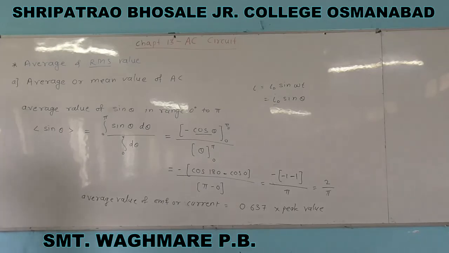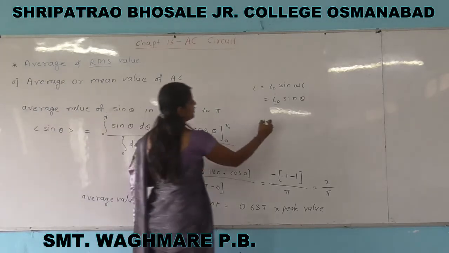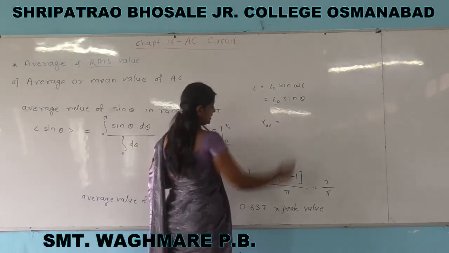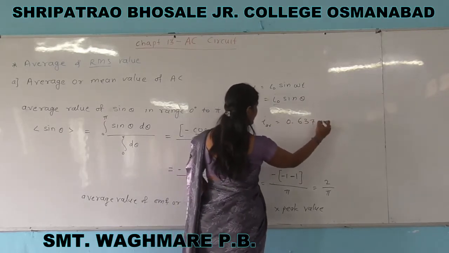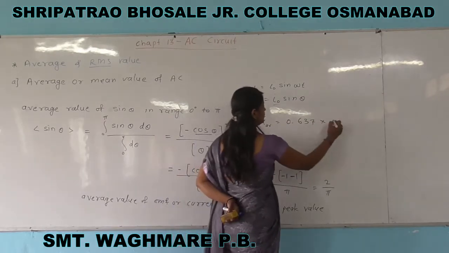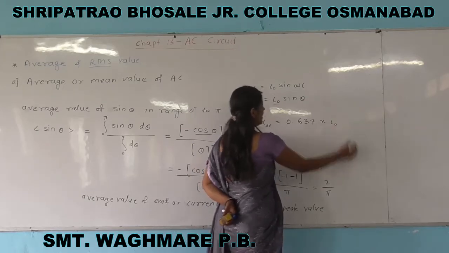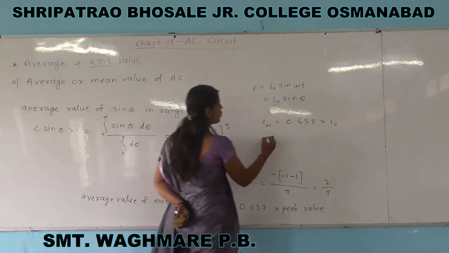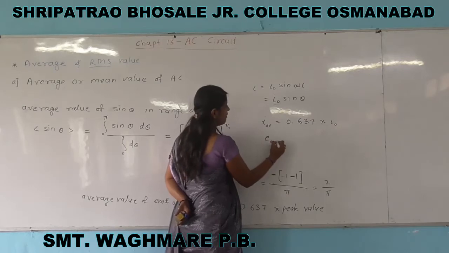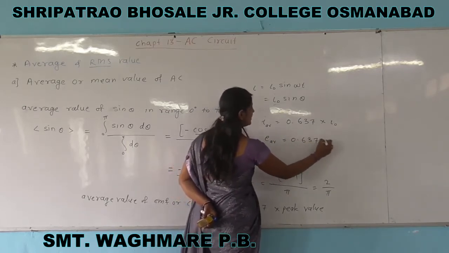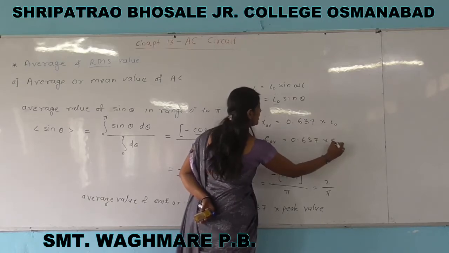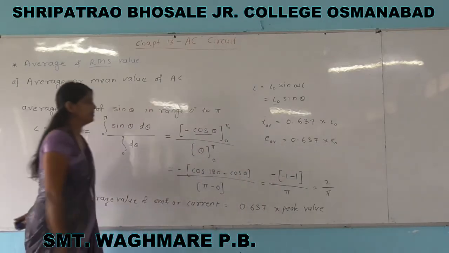That is, we can say I average is equal to 0.637 into the peak value, that is I naught. And so we can say E average is equal to 0.637 into the peak value of EMF.